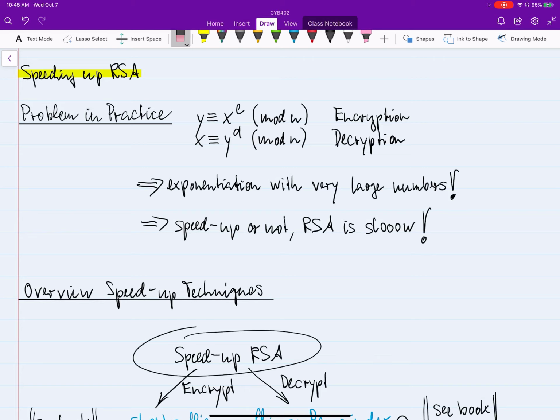And in order to make that computationally worthwhile at all, we need to have some speed up techniques. But even with the speed up techniques, RSA is slow. And I mentioned already that you can use RSA for distributing symmetric keys, and then you actually use a symmetric cryptosystem like AES to do the real encryption and decryption of messages.